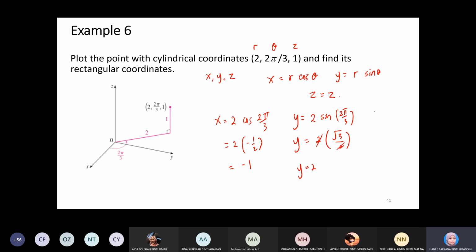So y equals 2 times root 3 over 2, so y equals root 3, and z equals just 1. So your rectangular coordinates are x is -1, y is root 3, and z is 1.